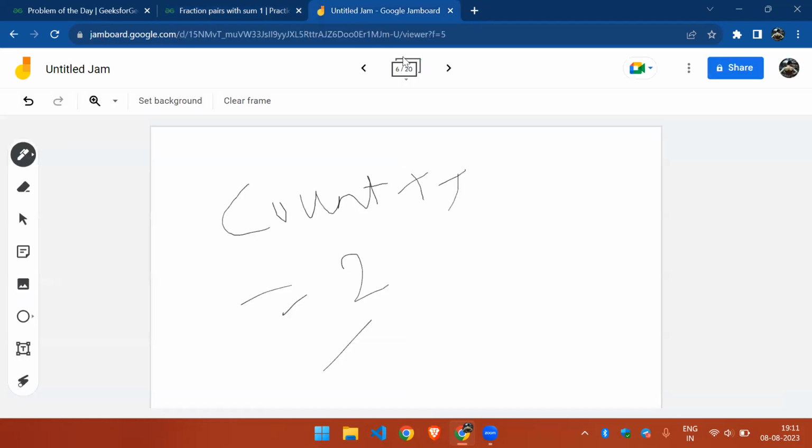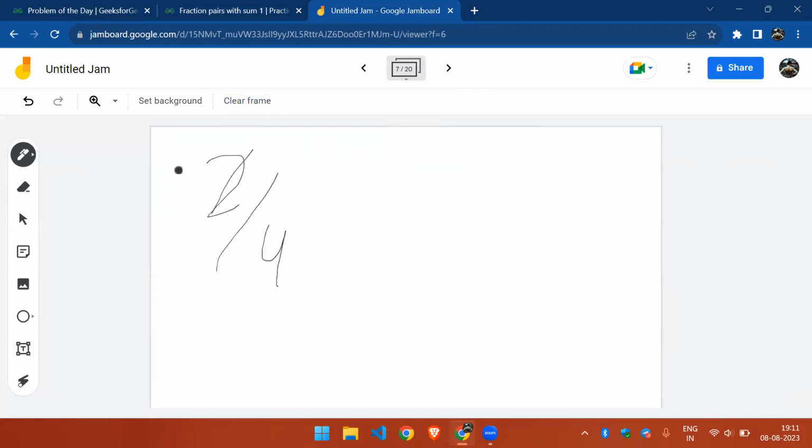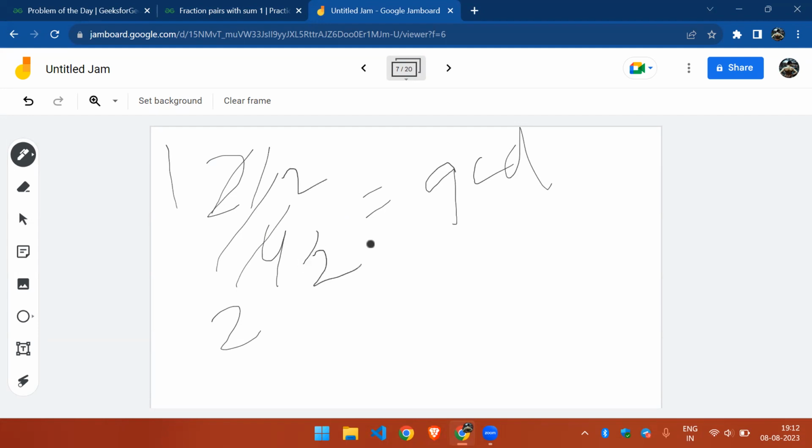In mathematics, we simply cancel it out, dividing the denominator and numerator by 2. But here, we'll be finding the GCD, the greatest common divisor of both of these numbers, and then dividing both of them by it.